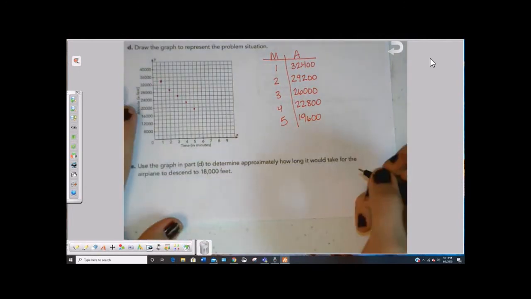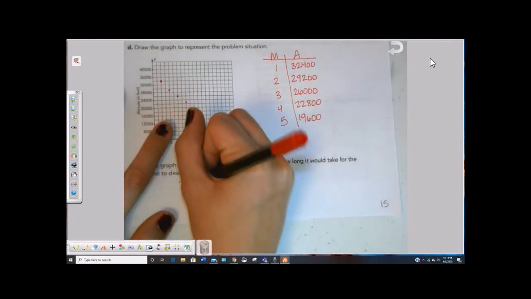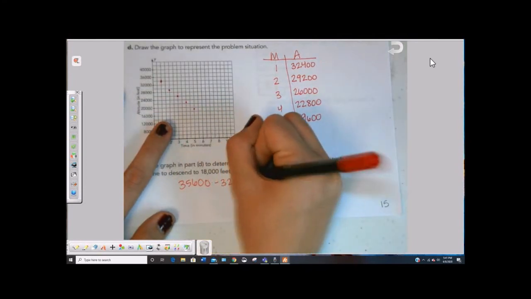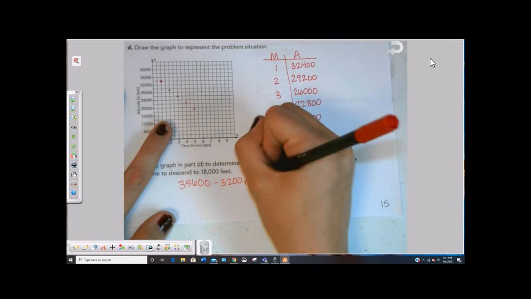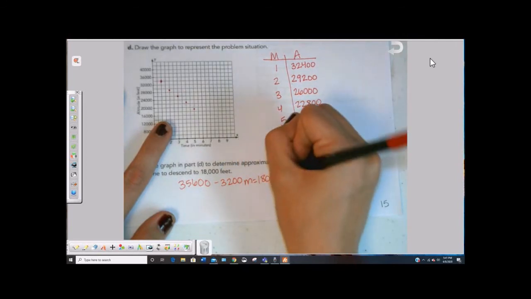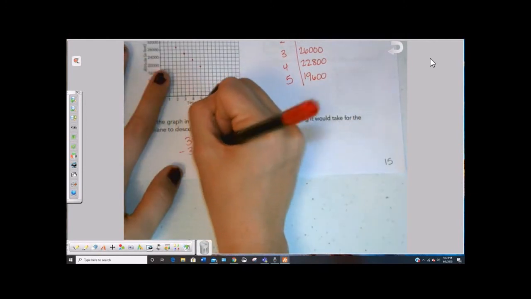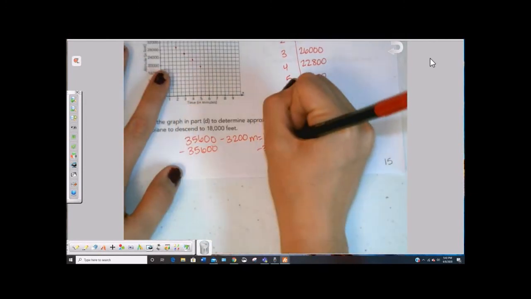All right. So now it says use the graph in part D to determine approximately how long it would take for the airplane to descend 18,000 feet. So you can use the graph if you want, but you can also just use what we already know and place it into our problem. So our problem, remember, is 35,600 minus 3,200 m equals 18,000.